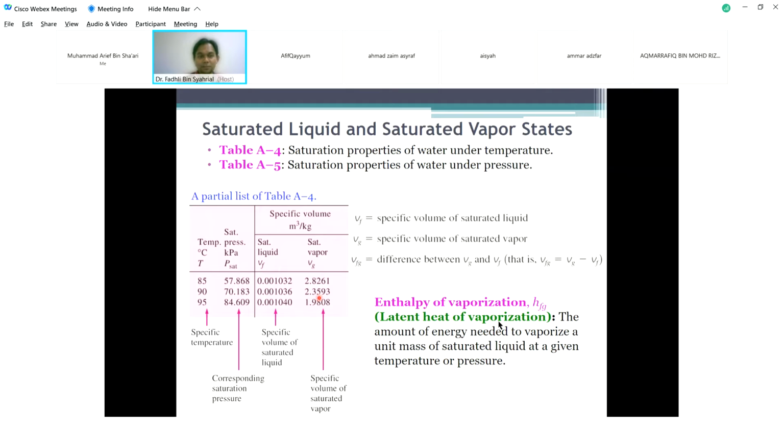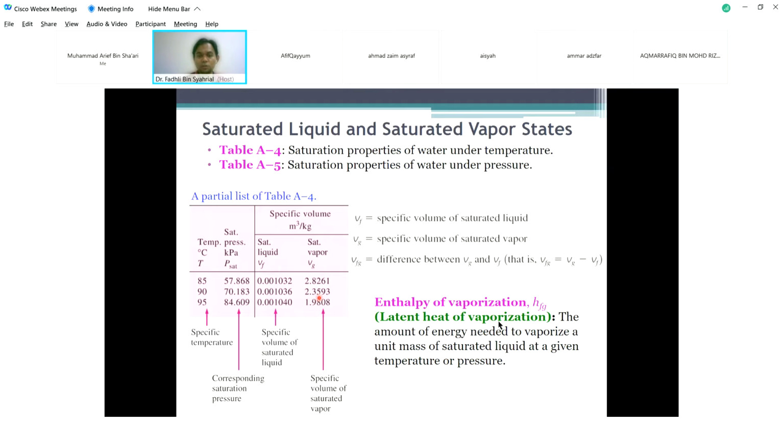Sekiranya fasa tersebut adalah fasa saturated liquid, then just pick up this value 376.93 if the temperature is 90 degrees C. Sekiranya the state is saturated vapor phase, then look at Ug.